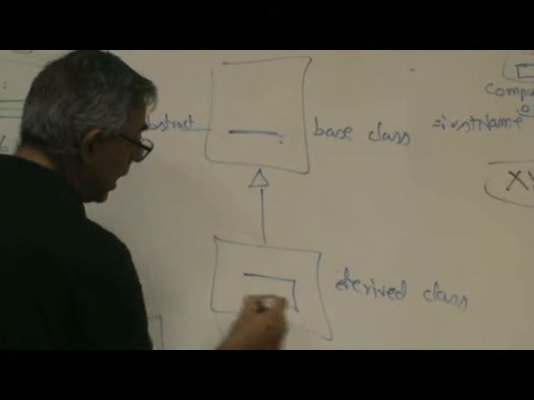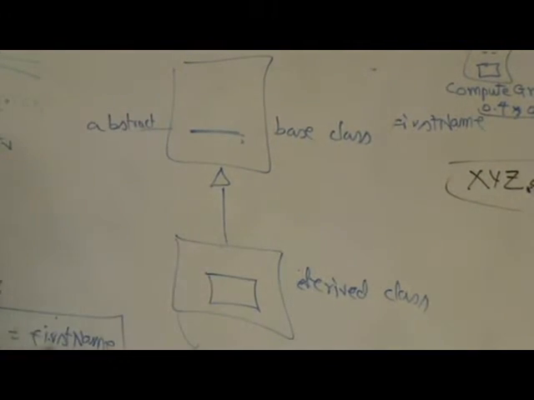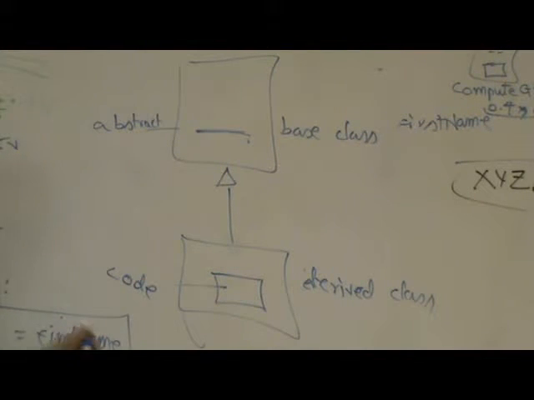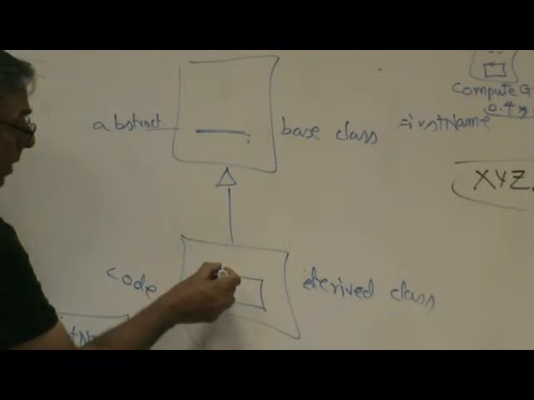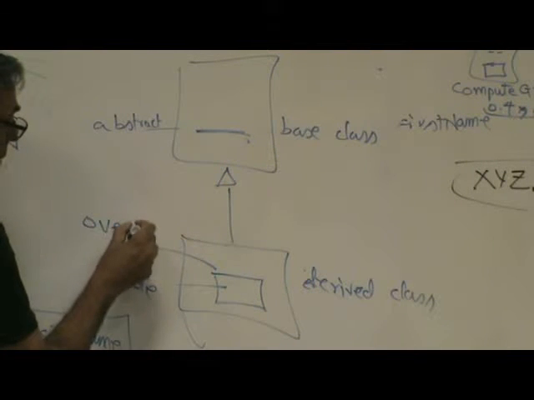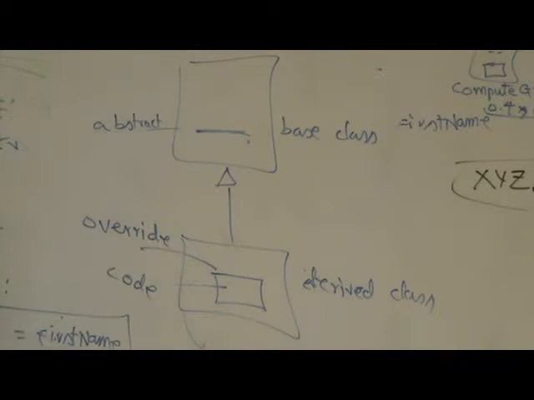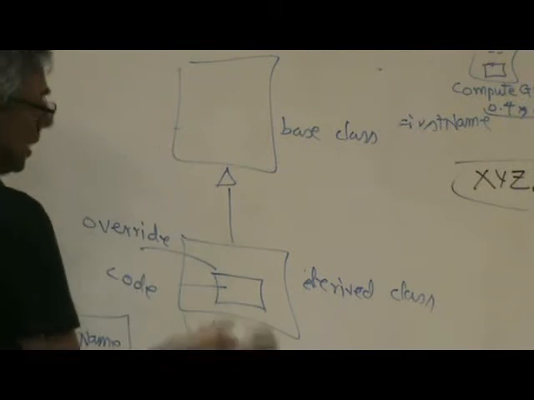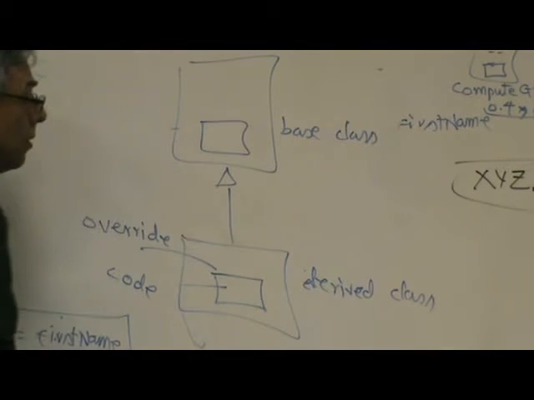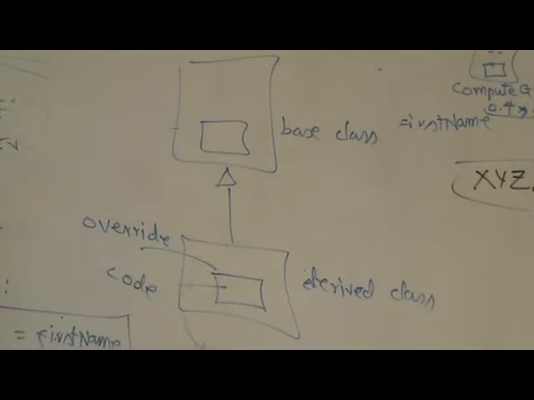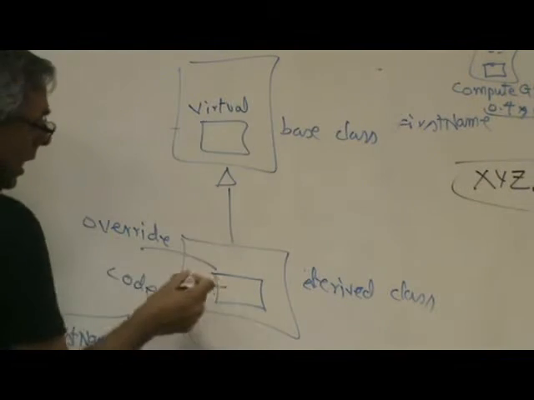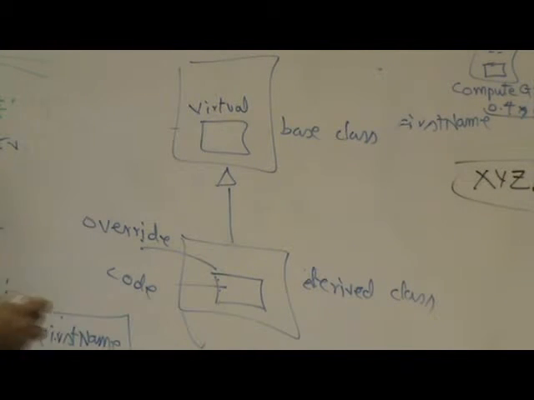If we want to inherit from it and provide real code for it, so there is some code over here, that's the time we will mark this method as override. Now what if in the base class there is real code over here, not a single line, and we still want to inherit and change the code? Then this has to be marked virtual, and this will be marked override, right?